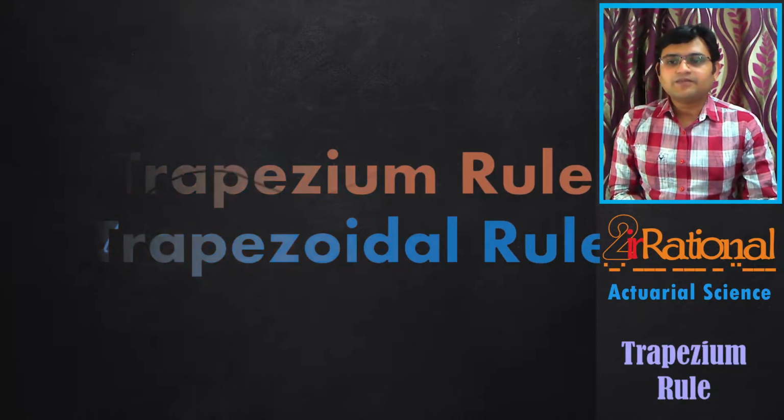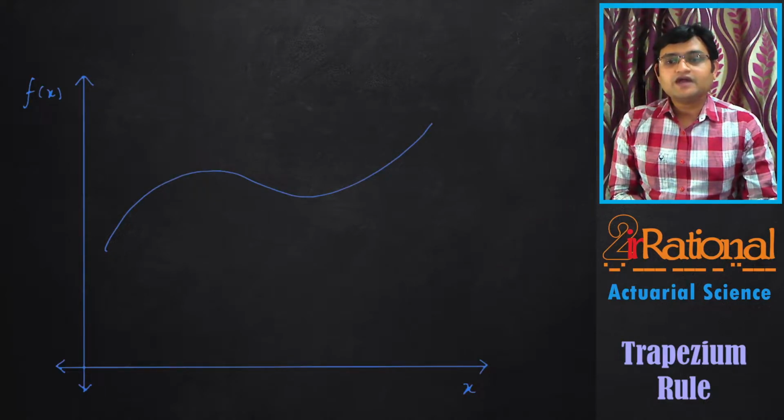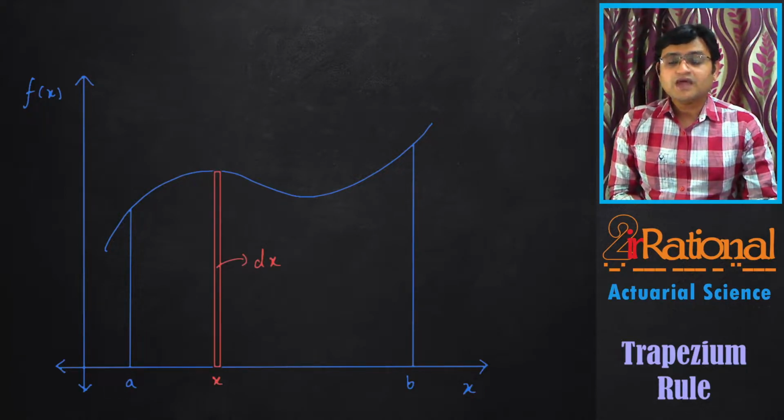Let's take an example where we are finding area under the curve of a function between 2 points A and B. In integration, we take a rectangle with a very small width at point x. The height of the rectangle will be f(x) and the area of the rectangle becomes width into height, that is f(x) into dx, assuming the height is same for the whole width.